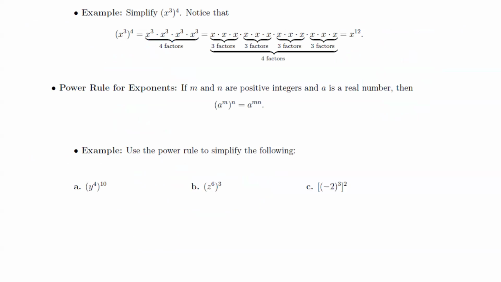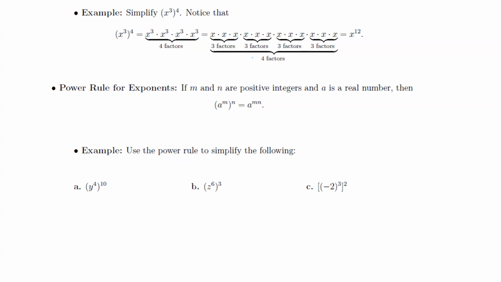We also have one for what does it look like when we raise a power to a power? So literally taking x to the third raised to the fourth power. Well, what does that do? Well, if I write this out, it would be x to the third multiplied 4 times, right? But then each of those x to the thirds becomes x times x times x.